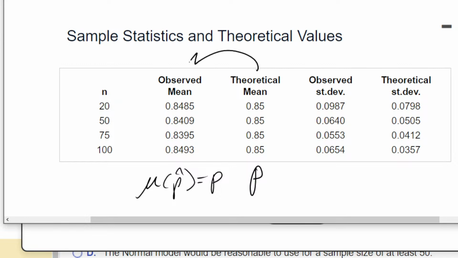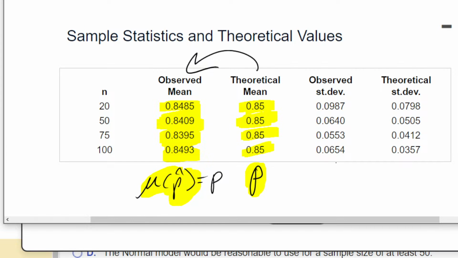What do you notice about all the observed means? They're basically the same, because the theoretical truth is that we should see this, which is p. The truth is p. And so mu p hat, which these are mu p hats. Mathematically, mu p hat should be equal to p, so all those are very similar.